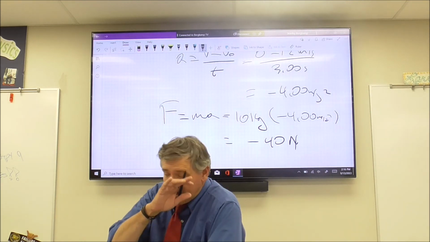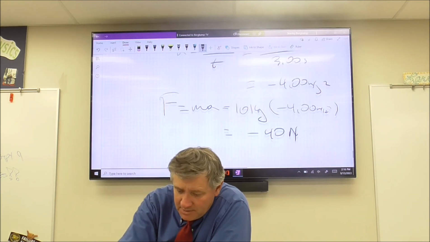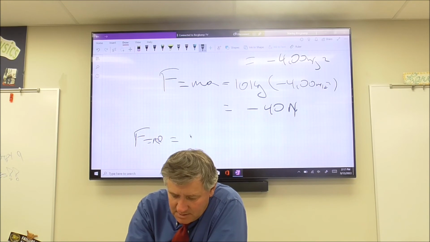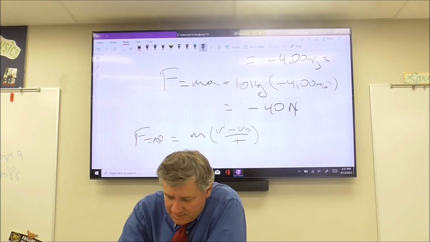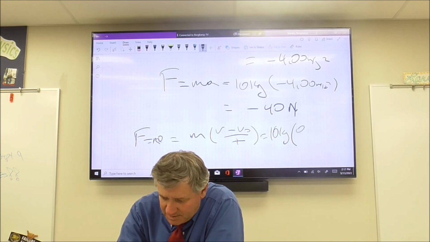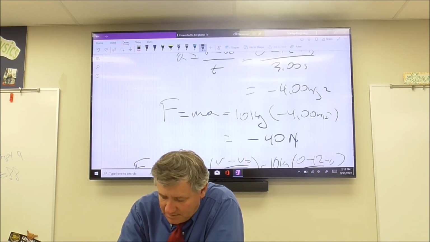If you want to work it in kind of one big idea, you can go, F equals ma, but my acceleration is going to be v minus v naught over time. And then you can just take 10 kilograms times 0 minus 12 meters per second divided by, what was the time? 3 seconds.